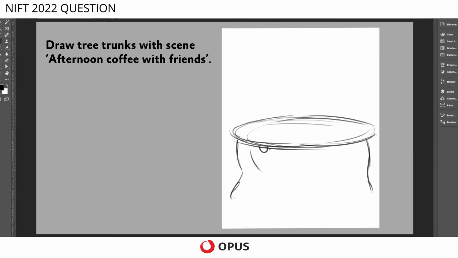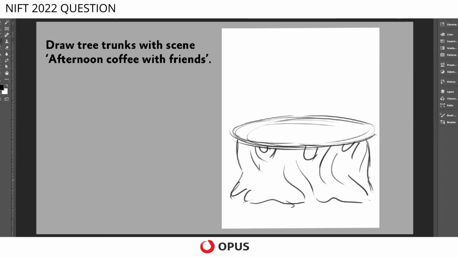inspired from the tree trunks, the textures and the shape and the form of a tree trunk. So our coffee table becomes inspired from the shape and structure of the tree trunk, and thus we are using that element that has been described in the question.